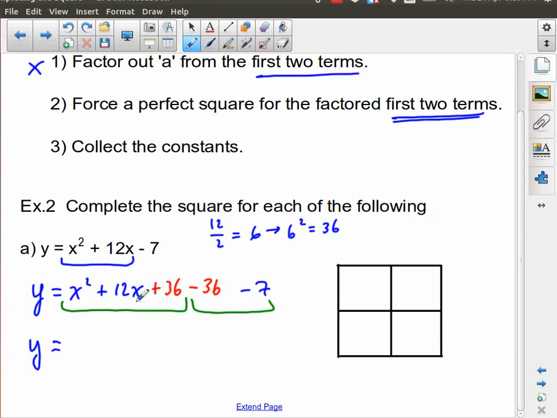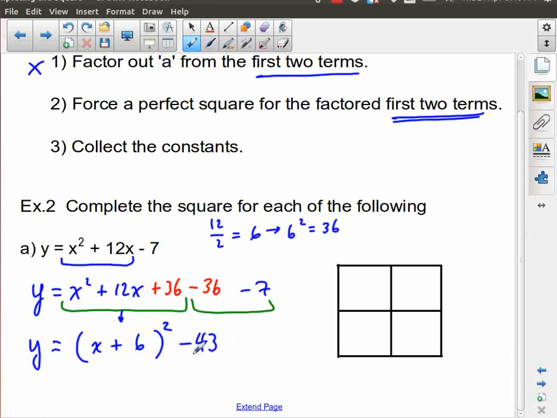Or you can use what we've been talking about, which is this is the same as x, I see a plus sign here so that's going to be plus, and 12 divided by 2 gave me 6. So this is x plus 6 all squared. That's this first piece. And this second piece is negative 36 minus 7, which is equal to negative 43.